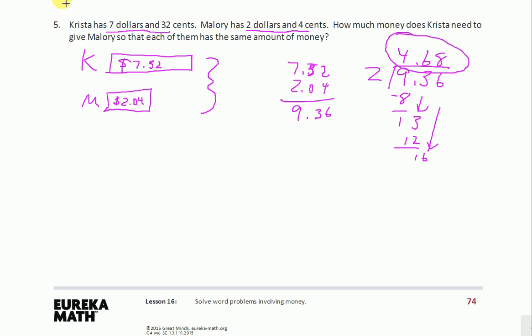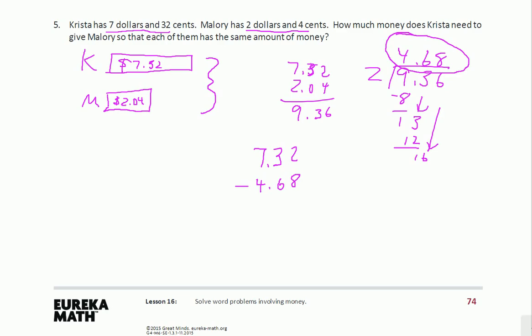So now we take $7.32, and from that we're going to subtract the $4.68.